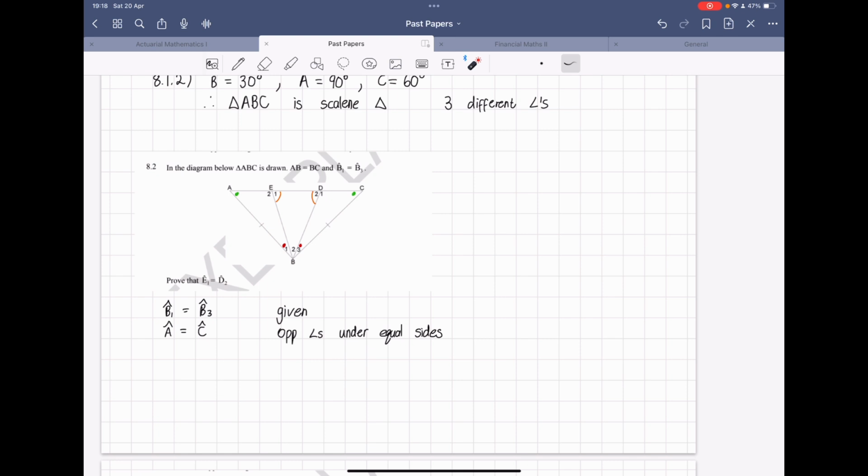So I know that E1 is going to be equal to A plus B1, and I know that D2 is going to be equal to B3 plus C. But since I've proved that C is the same as A and B1 is the same as B3, that means that E1 and D2 are also equal, because these two added together is the same as these two added together, which is equal to these, the orange ones.